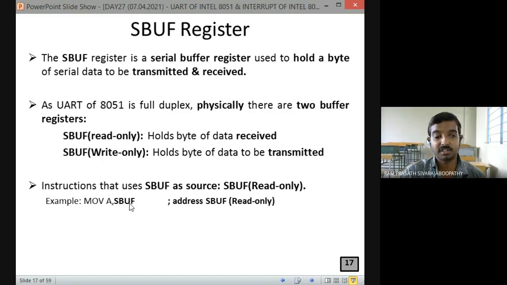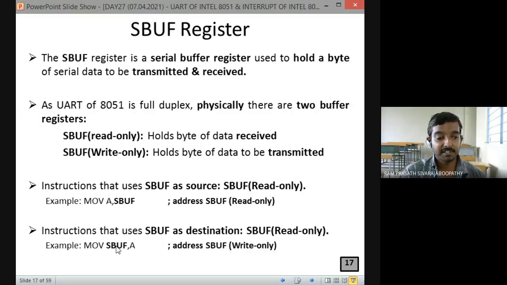SBUF is the source, so the read-only SBUF gets addressed. Similarly, where SBUF is the destination, it means write-only SBUF. To transmit data, you have to use this instruction: MOV SBUF, A or SBUF, immediate data or SBUF, RAM address content, whatever it may be.